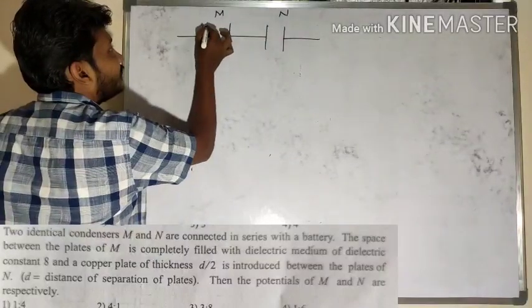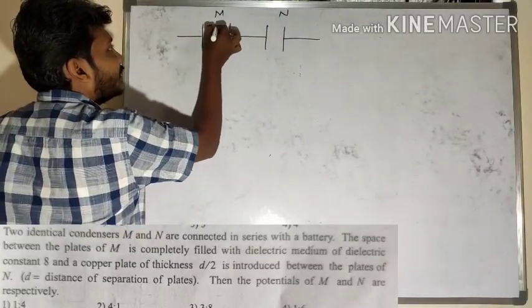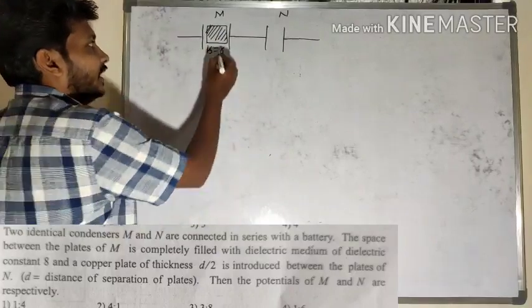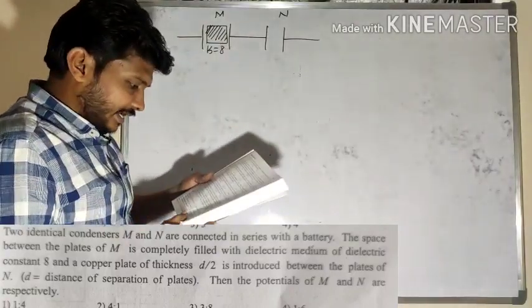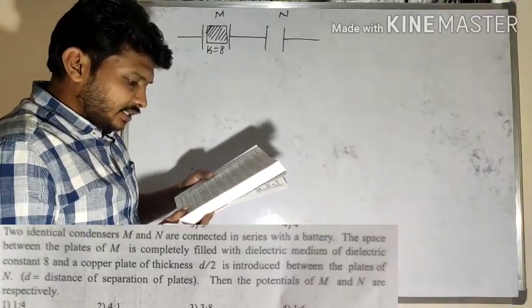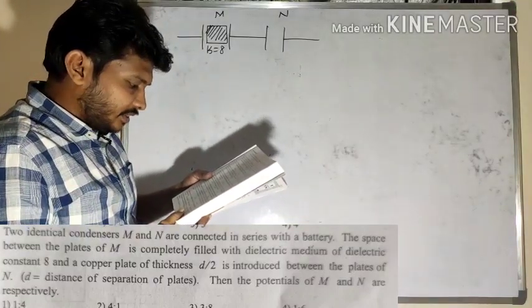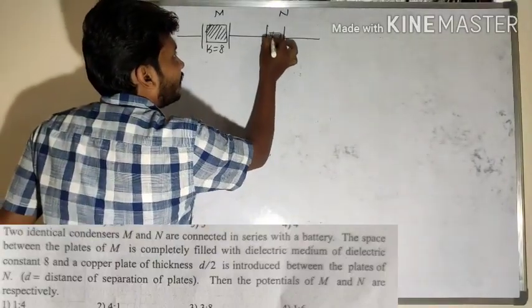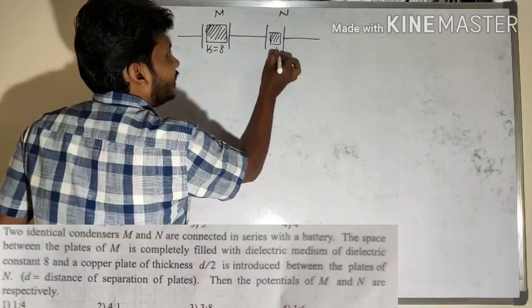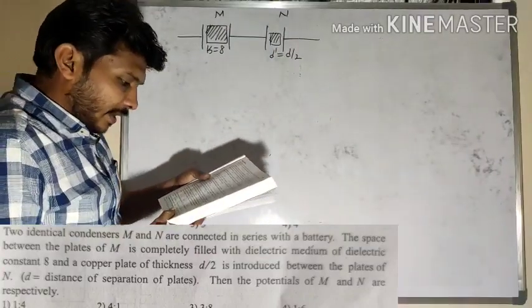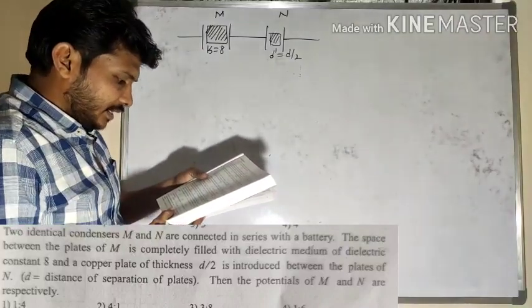So between that plate M, they are introducing a dielectric constant, its value is 8 here, and a copper plate of thickness D by 2 is introduced between the plates of N here.